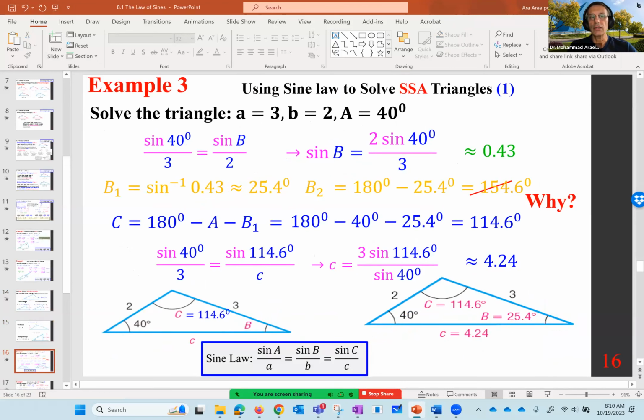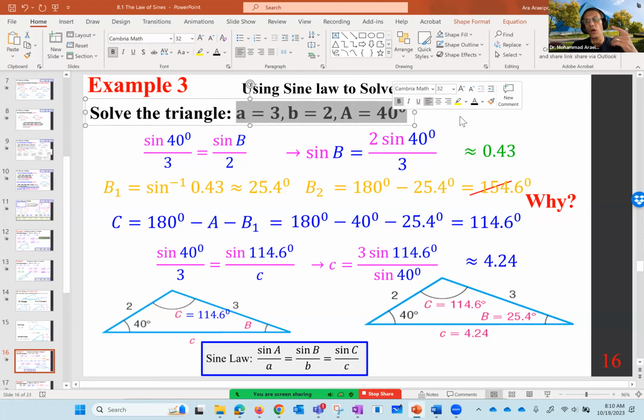So we looked at this case. Notice what happens. We go through the process because two sides are given and an angle. We try to find one more angle.